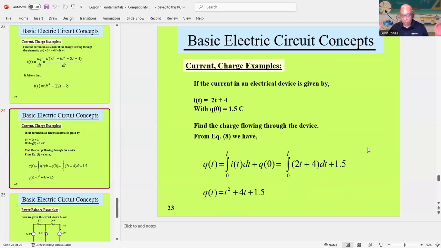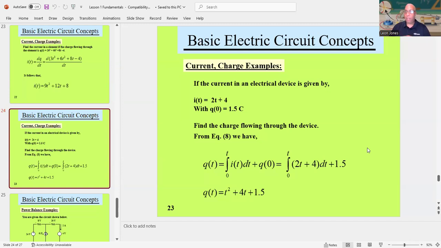Remember, when you take an integral, you're actually taking the opposite of a derivative. You can always check to see if you have the right integral by actually taking the derivative.